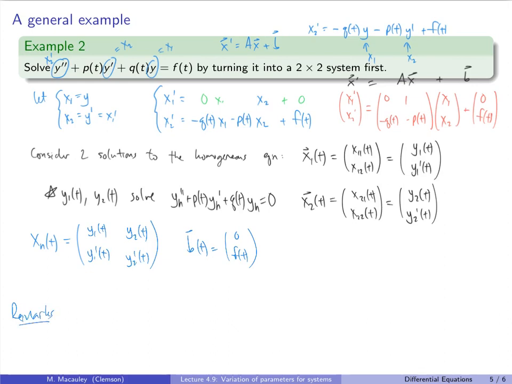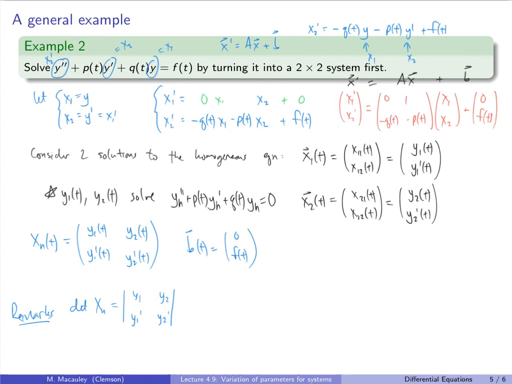So one remark is that the determinant of xh here is just y1, y1 prime, y2, and y2 prime. That is the Wronskian of this fundamental set of solutions, y1 and y2. Remember the very first slide, and we saw it in a previous lecture too.